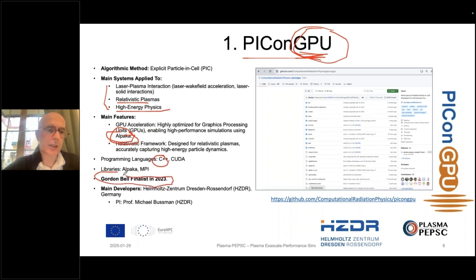In fact, it was a Gordon Bell finalist in 2023, and we are very happy to have the main developers, at the Helmholtz-Zentrum Dresden-Rossendorf (HZDR) with PI Professor Michael Bussmann. We are very happy to have them in Plasma-PEPSC because they provide a point of reference for all the codes on how to improve portability and GPU porting, and also explore many of these tools that the Dresden group has been supporting and developing.